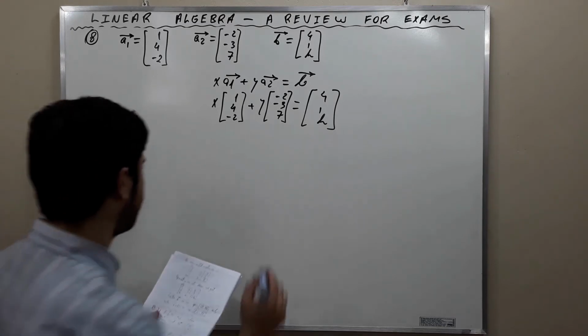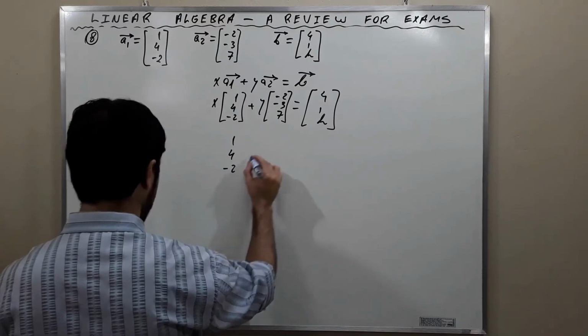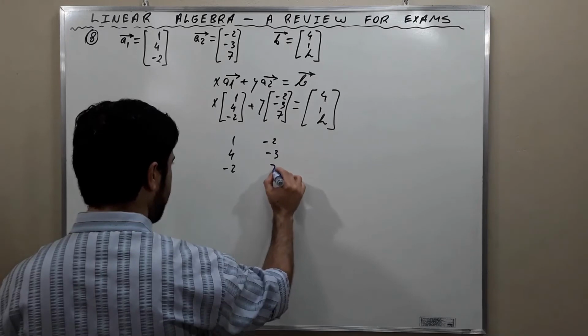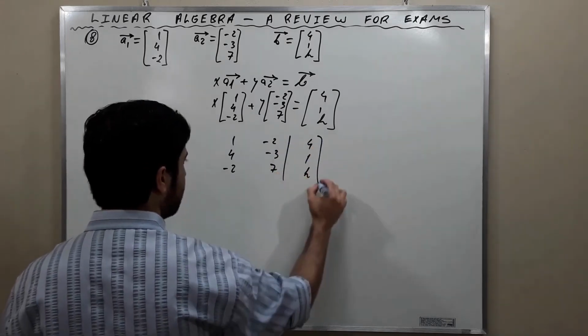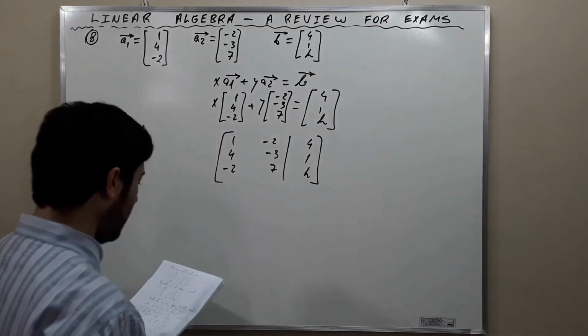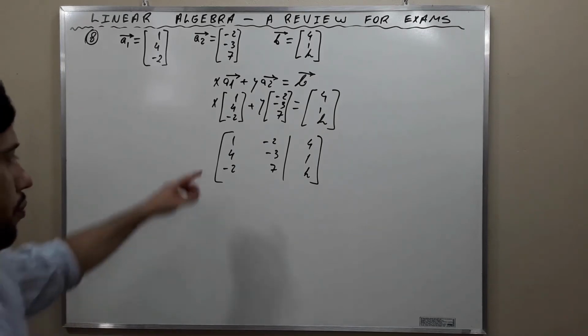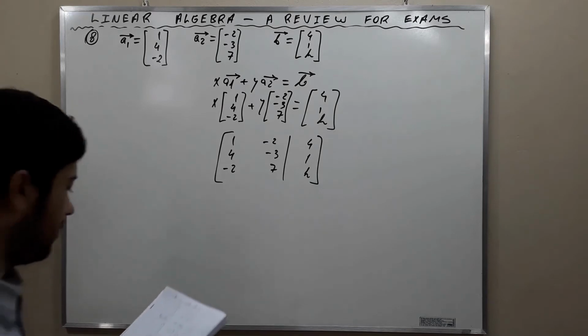The augmented matrix is, and we need to operate on the rows of the augmented matrix. And if we do this, operating on the rows of the augmented matrix, we find this.